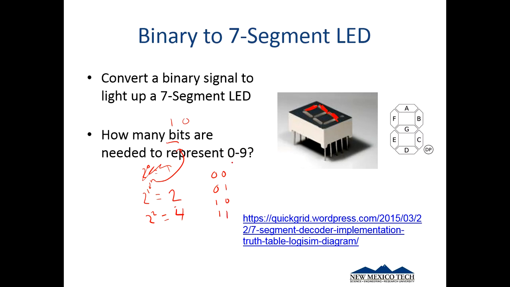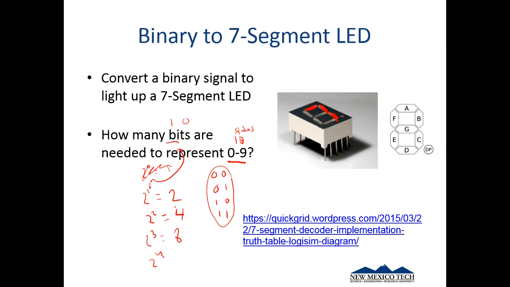Well, I need to represent that many. Sucks that I have to do a 10, but basically I have to have 10 possible states. You could call it that. And so 2 to the 2 doesn't work, because that's only 4 possible states. So 2 to the 3, now I've got 8 possible states. And while it's close, it's still not 10 possible states.